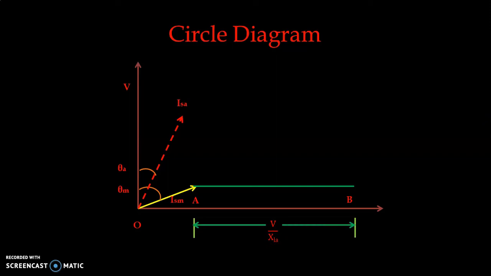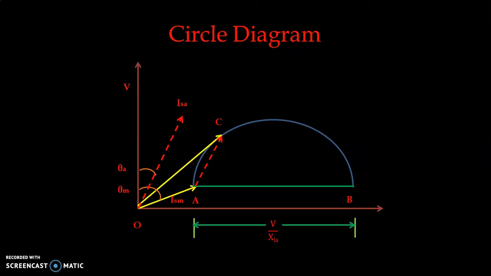So that decides the diameter of the circle diagram, and we can draw the circle diagram. AC is the actual starting current of the auxiliary winding, and the locus of AC on the diameter AB makes a semicircle for the auxiliary current.